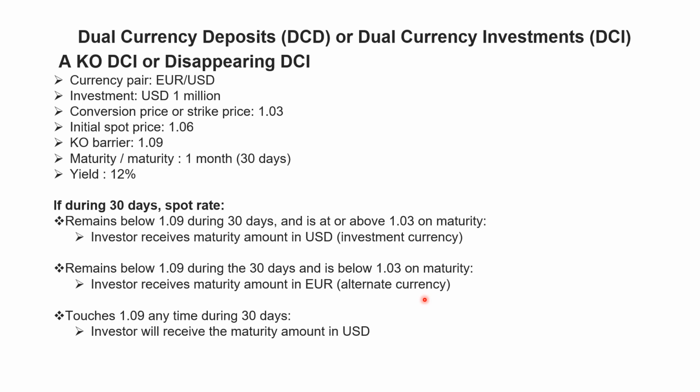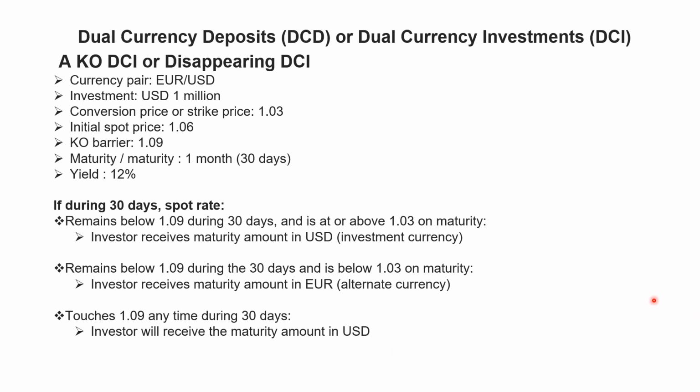However, if on any day during the 30-day period, the spot rate touches 1.09, the investor will receive the maturity amount in USD, which is the investment currency, irrespective of where the spot rate is at maturity.